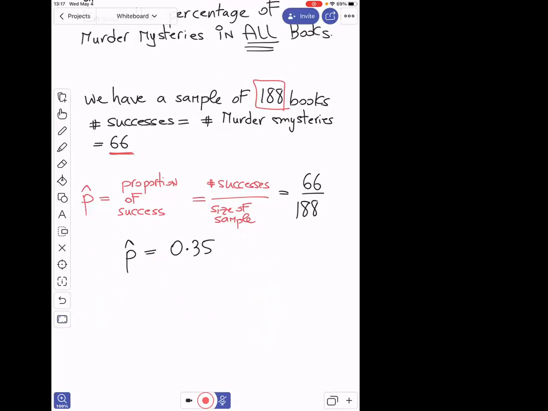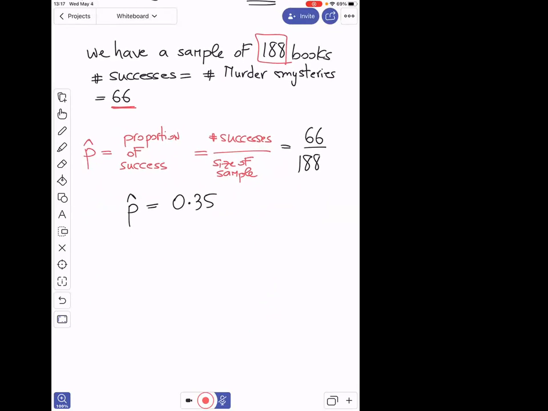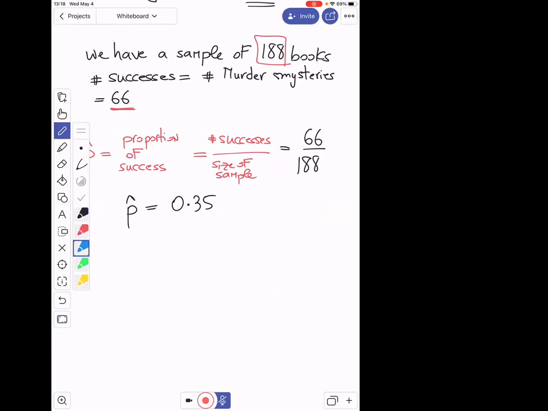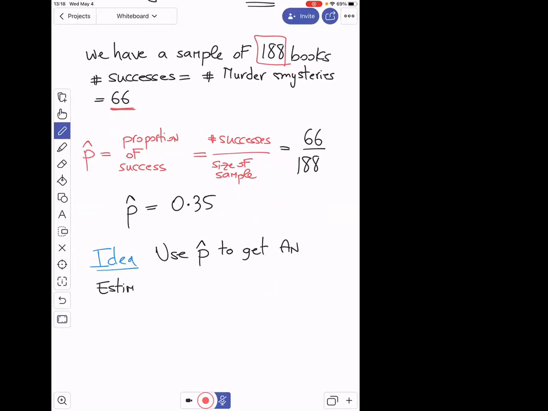All right. Now the idea is to use this proportion of success, p hat, to get an estimation of the probability of success p. The estimation, of course, is going to be given by the confidence interval.